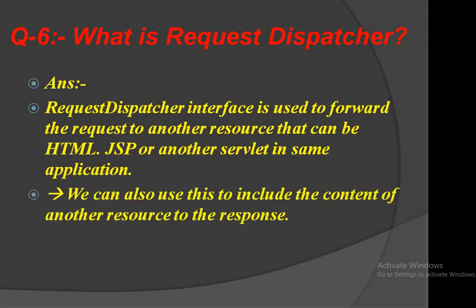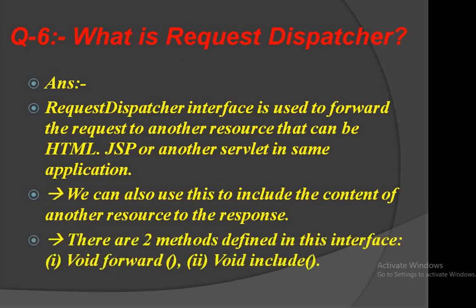We can also use it to include the content of another resource in the response. There are two methods defined in this interface: forward, for forwarding the request, and include, for including the content of another resource.